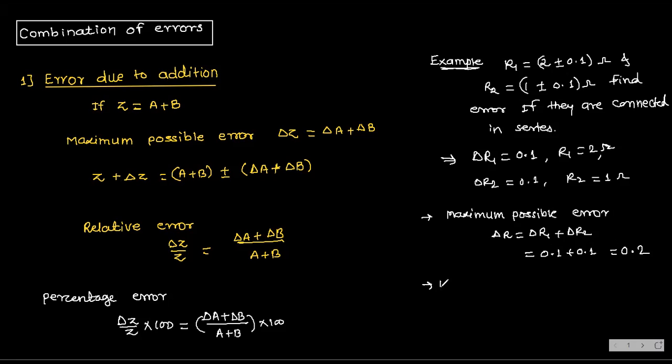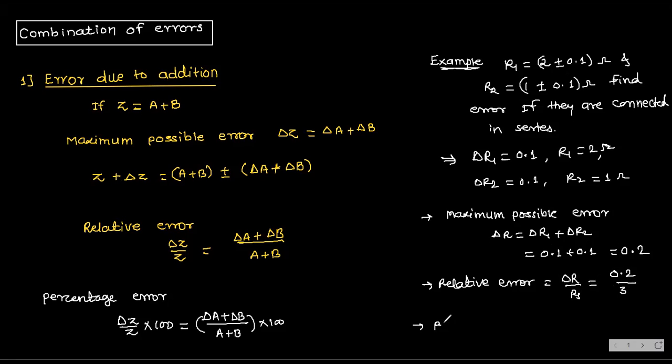Next what you want? Relative error. So relative error is what formula? बोलो बोलो. यहाँ पे क्या होगा? Delta R by RS. है ना? Delta R is already we got 0.2. RS means what? R1 plus R2. R1 plus R2 is what? 3.